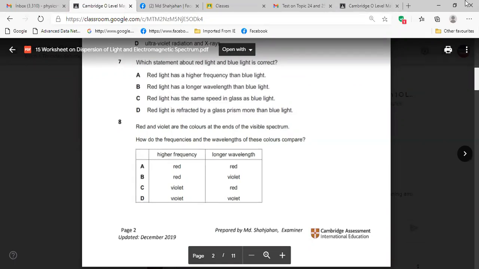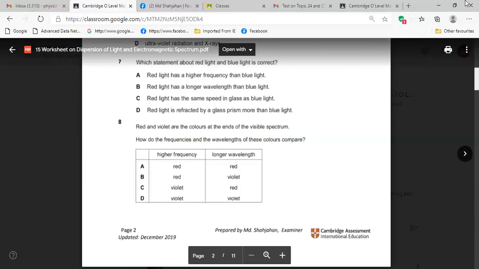All these colors together make the white light of the sunlight, isn't it? When this white light is divided into 7 parts, we get the colors, the spectrum. These 7 colors are violet, indigo, blue, then next which one?